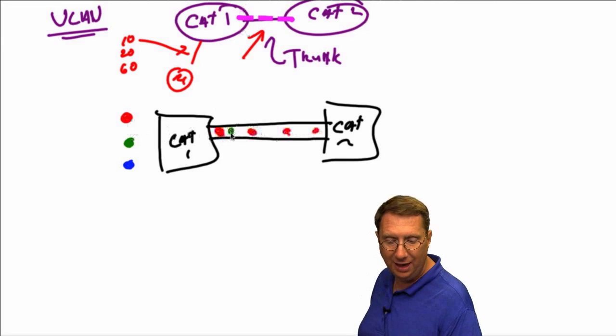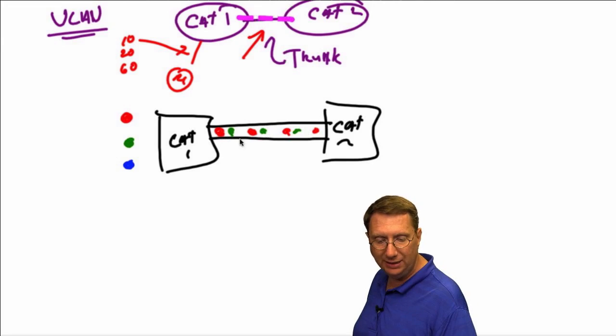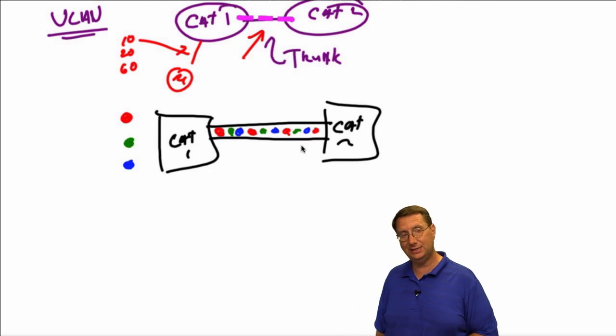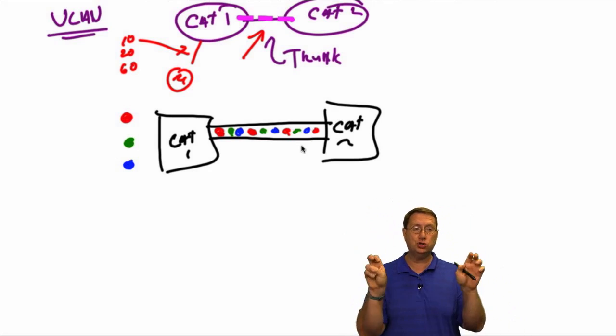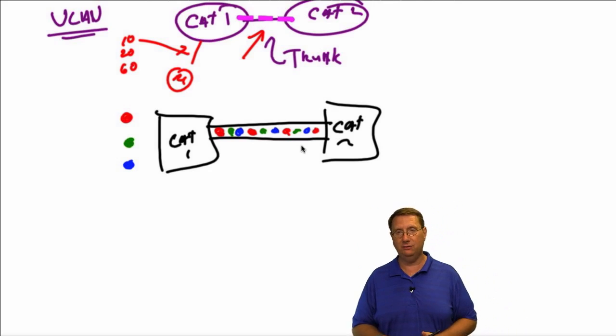On that same link I'm also sending VLAN 20, and also on that same link I'm going to be sending information associated with my VLAN 60. So across this trunk, we're actually sending all of the VLANs that we have in our infrastructure.